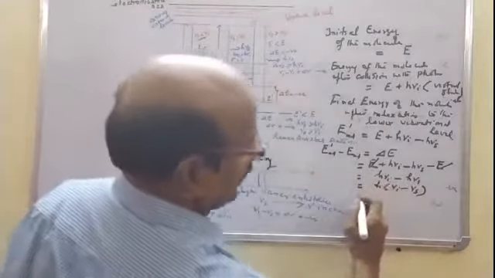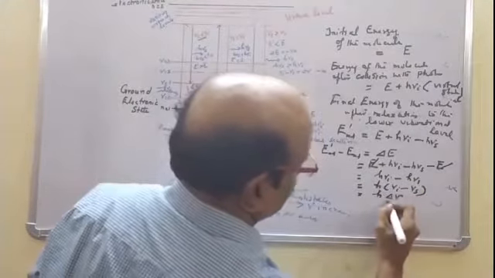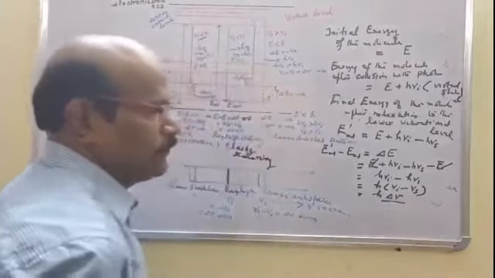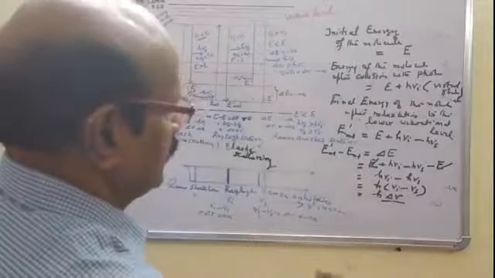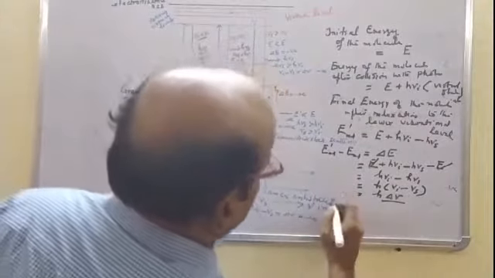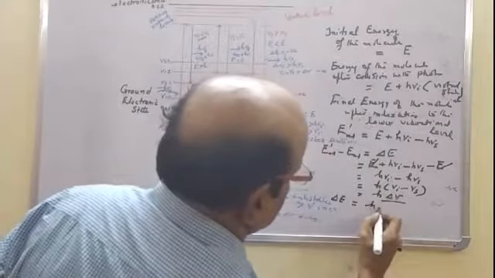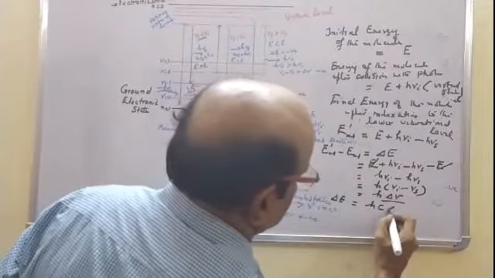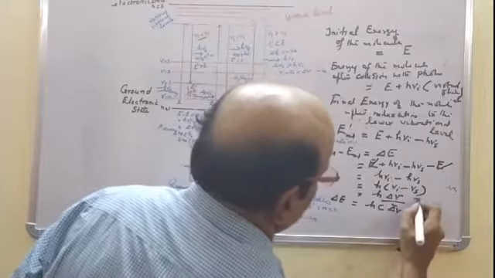This is the frequency incident. That is equal to H into delta nu. That is the shift in the frequency, or delta E is equal to Hc delta nu bar in centimeter inverse. This is joule.